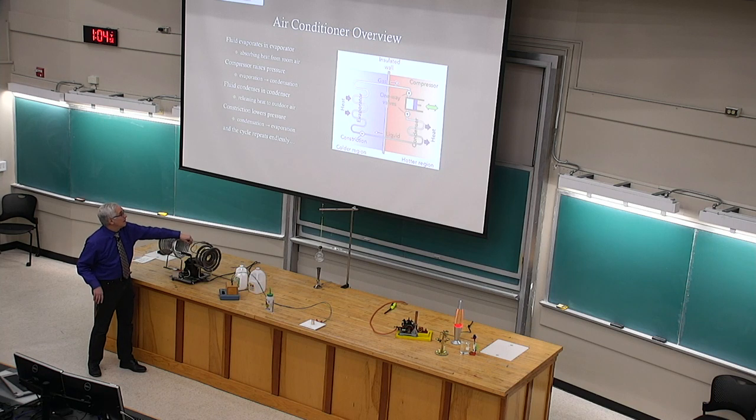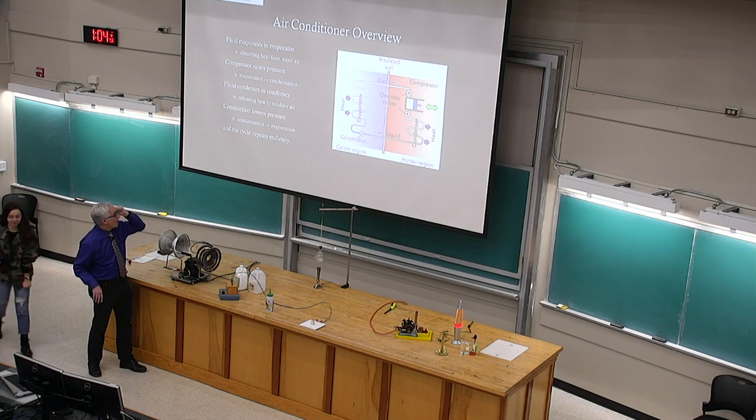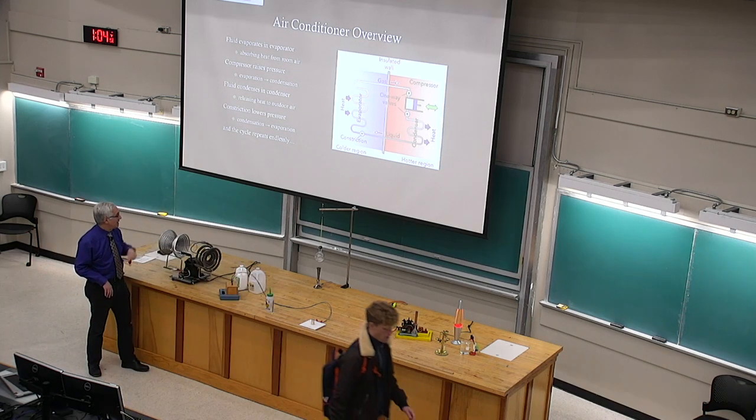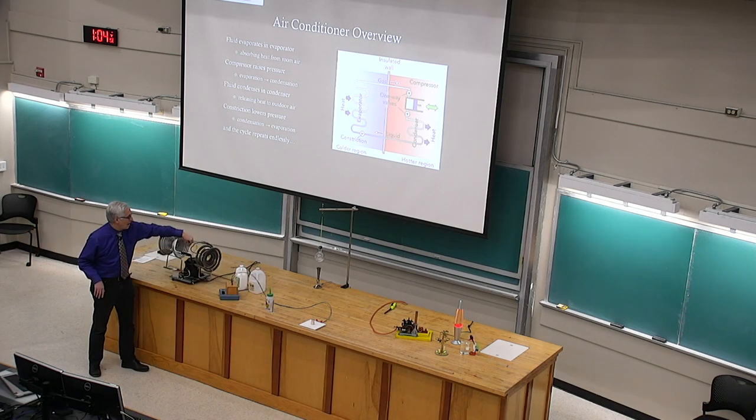This thin pipe corresponds to the bottom of that drawing, where the orange arrow is pointing to the left. There's a liquid working fluid traveling through this pipe at sort of normal temperatures. Whatever normal, it's colder inside than outside, but let's say normal, sort of in between.